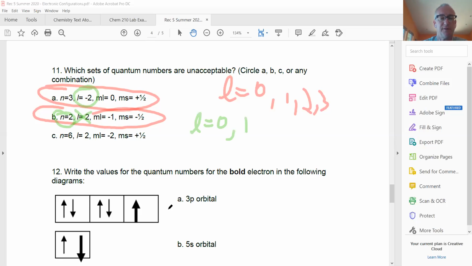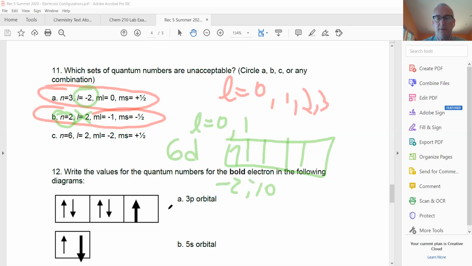That just refers to 6D. 1, 2, 3, 4 minus 2. So it's that electron right there. Minus 2, minus 1, 0, plus 1, plus 2. So it's actually the very first electron into the 6D orbital.